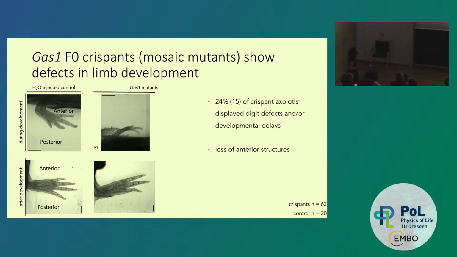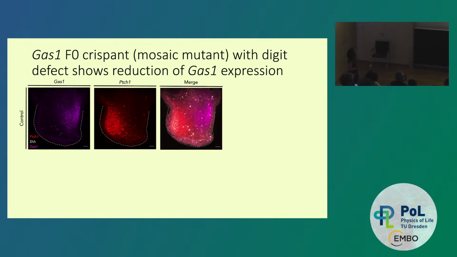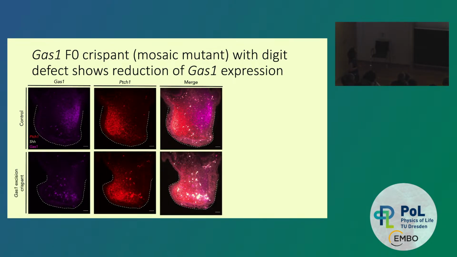But I must say that so far in these mutants, for example, when we look at patched 1, you can see that the GAS1 expression pattern is inverse to patched 1, so now we would say it's unlikely to be such a scaling factor. Although we can remove GAS1 from the limb bud by this gRNA expression, the patched 1 length scale has not changed at all. So that means GAS1 is obviously playing a quite different role.